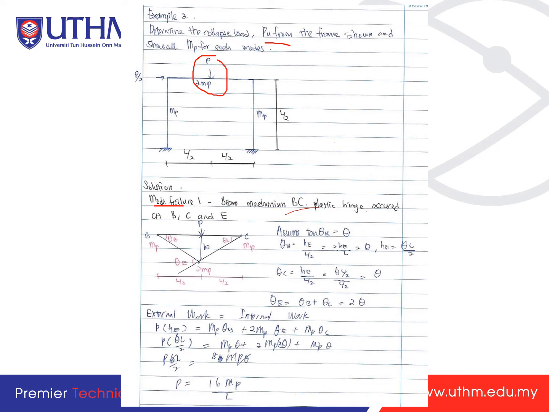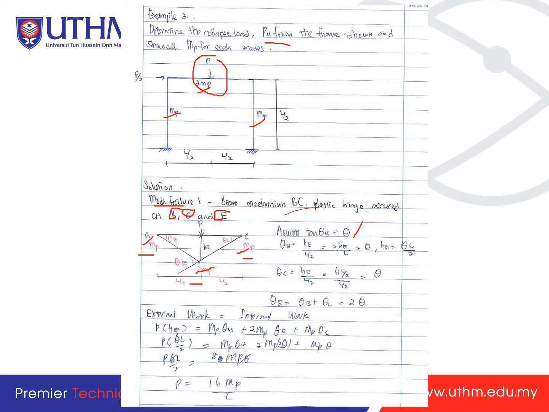So the beam mechanism BC: the plastic hinges occur at points B, E, and C. At B is MP, at point E is 2 MP, and at point C is MP, from the question. Assume tan theta B is equal to theta.